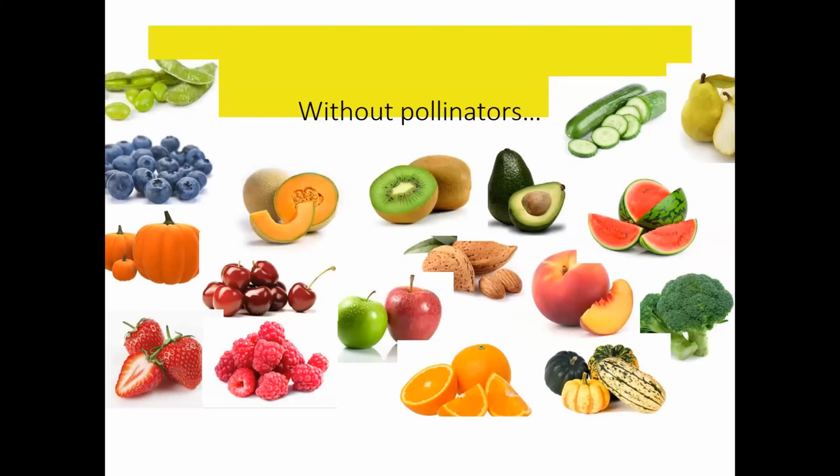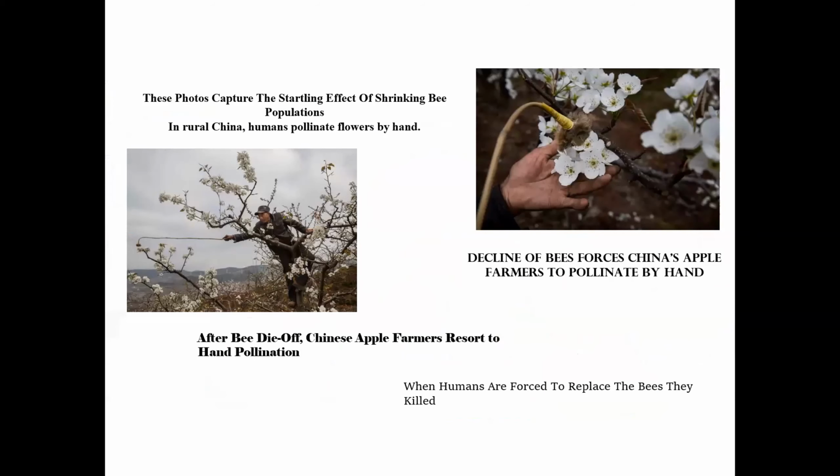Without pollinators, we would not have any of these fruits and vegetables that are on the screen, and there are literally hundreds and hundreds more that require pollination. These are just some headlines I took off the internet. In China, they have had some serious problems with pollination, and they've lost a lot of their pollinators.